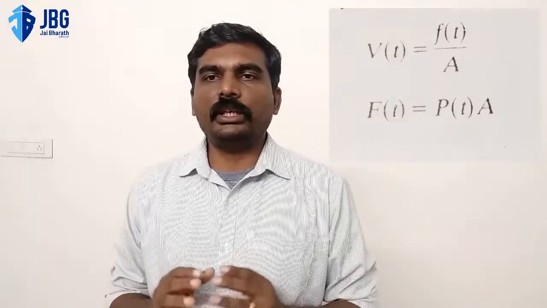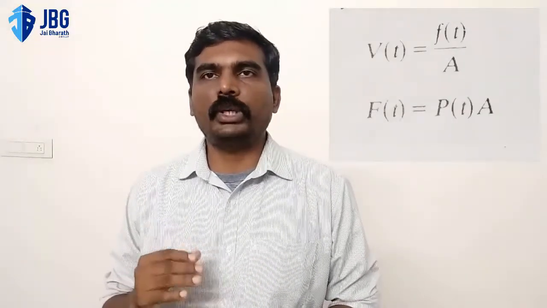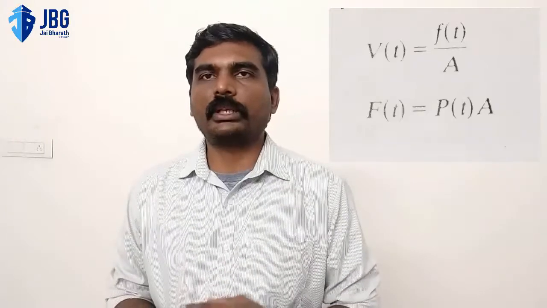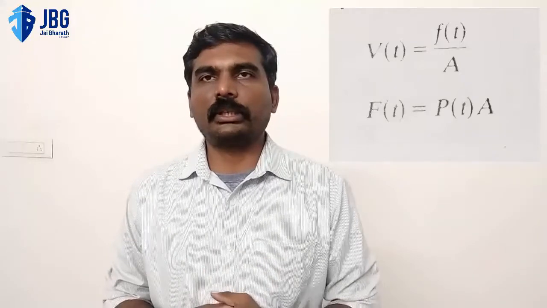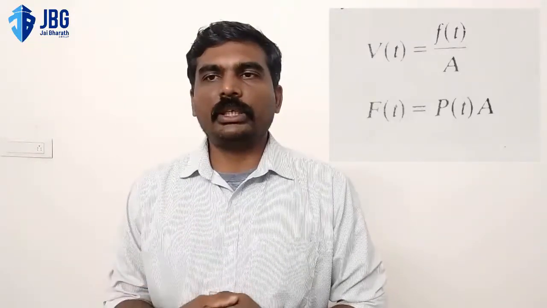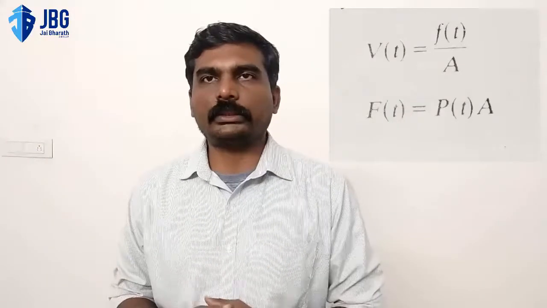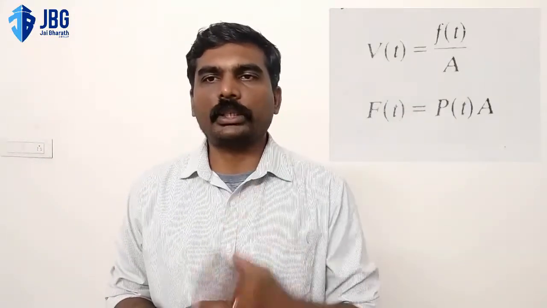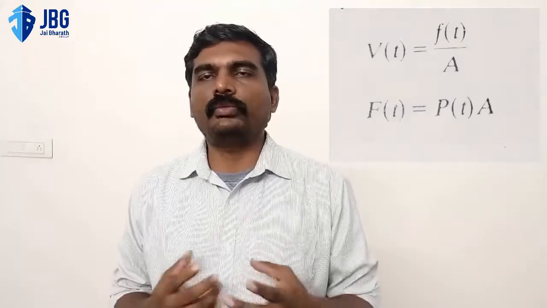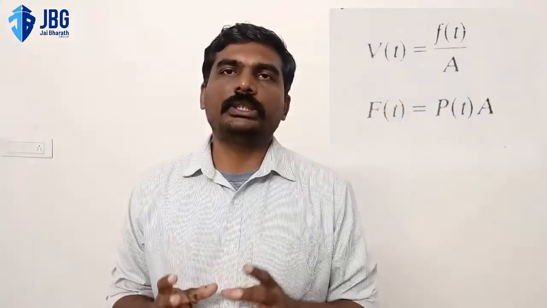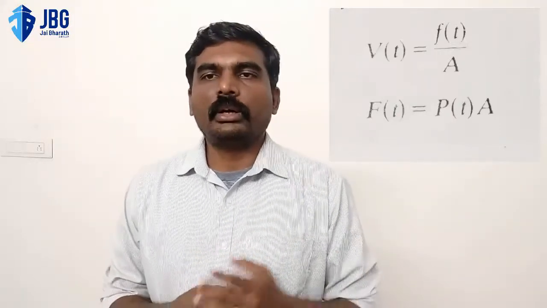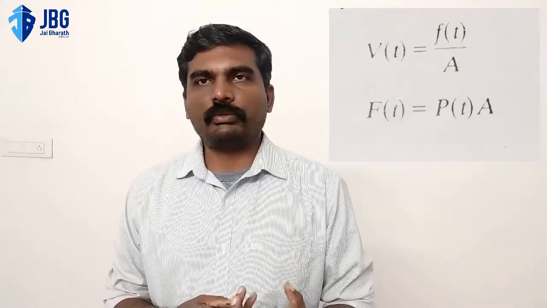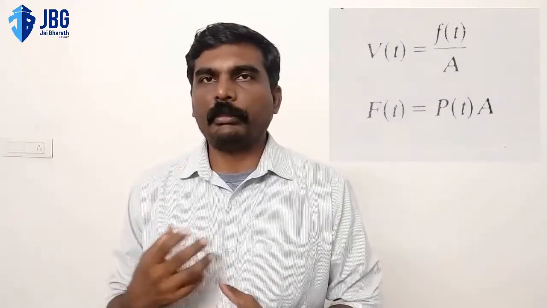The first relation is v(t) = F(t)/A, where v(t) is the velocity of the piston at that particular time, F(t) is the fluid flow rate, and A is the area of the piston.